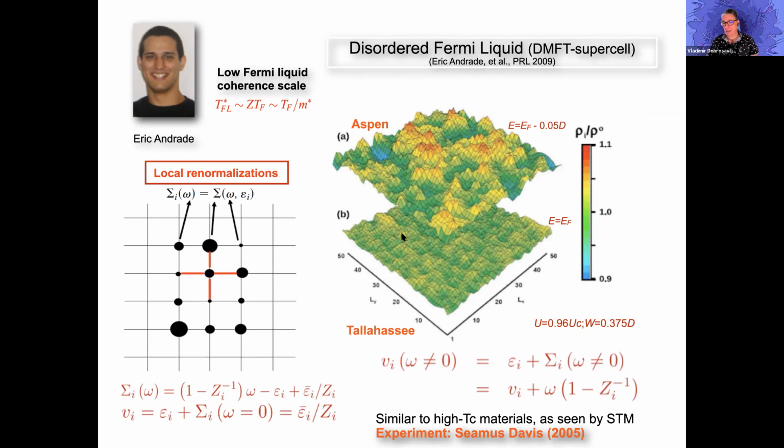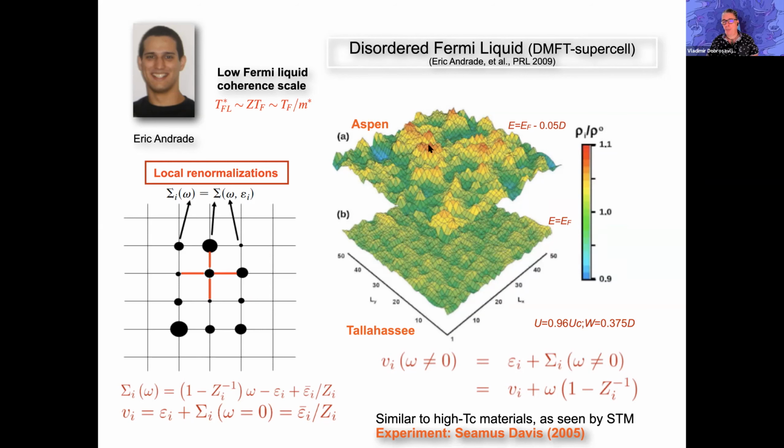So you expect that the landscape that you obtain is very smooth at the Fermi energy and very rough away from the Fermi energy. So it resembles the airplane view of Tallahassee at the Fermi energy, just green trees, no hills.